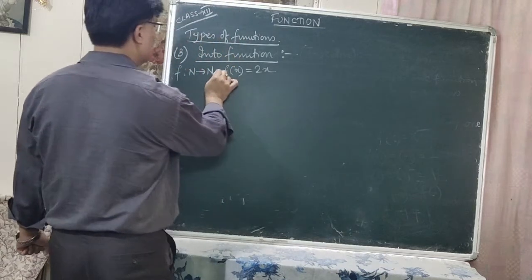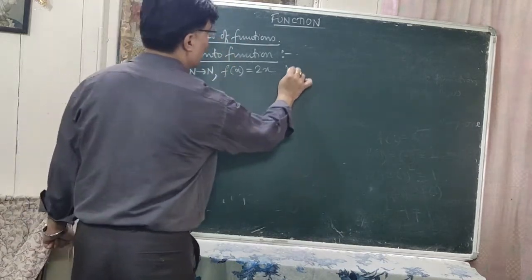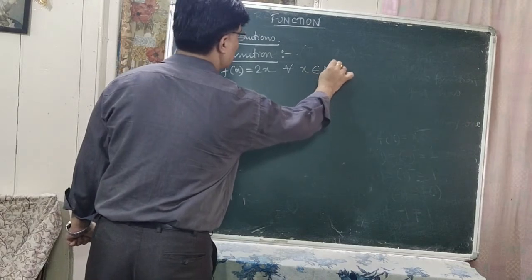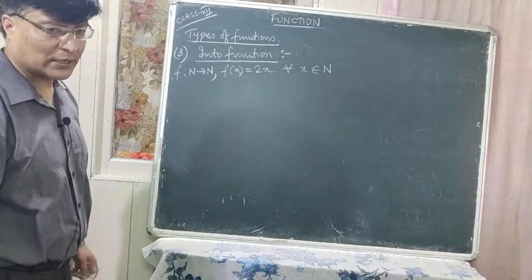Here it is defined as f of x equal to 2x for all x belonging to the set N, natural numbers. N means natural numbers.